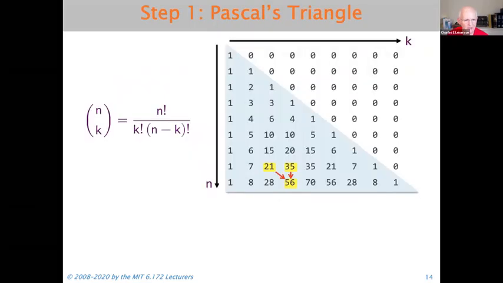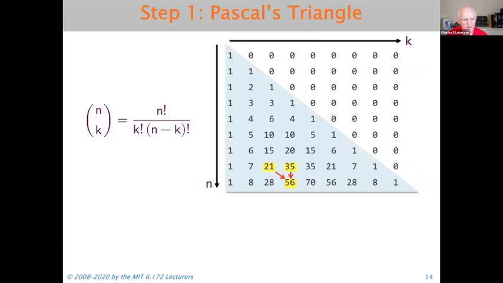And that's something that you're probably familiar with. It's called Pascal's triangle. Each element of the table is the sum of two adjacent numbers above it, in particular right above it and to the left. And so if you add those two things together, you can get it.